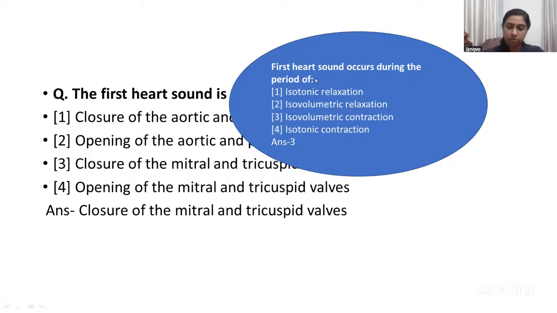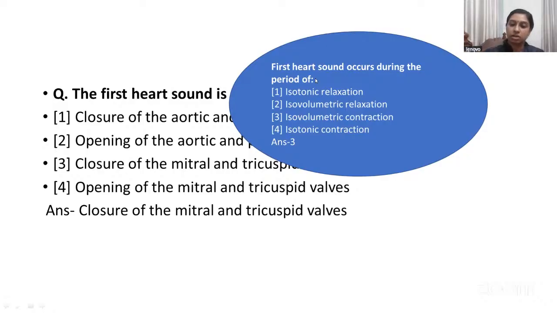Initially the pressure in the ventricle is less than that of the atrium, and that's the reason why the atrium can load the blood towards the ventricle. When the pressure inside the ventricle is above the atrium, to prevent the backflow, the mitral and tricuspid valves will close. Okay, to prevent the backflow of blood.